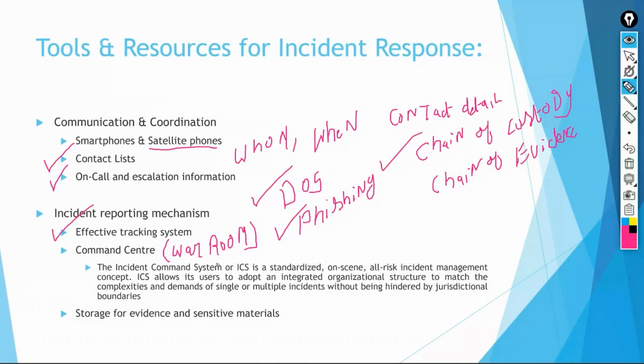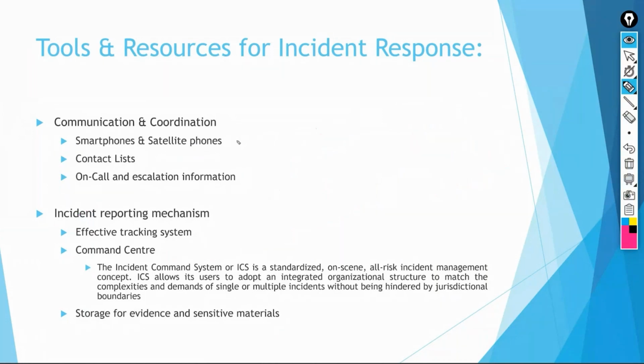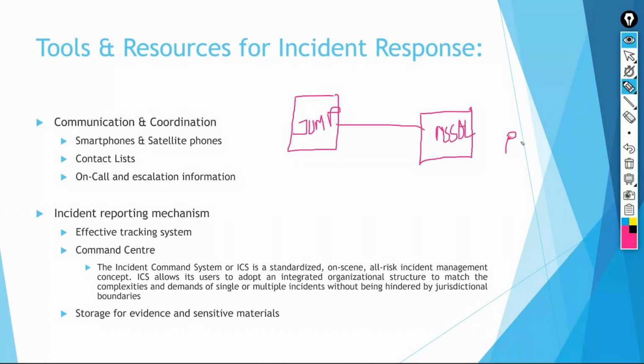Now, when I am talking about the chain of evidence, one live example is, let's say in this case, I have a jump server. From this jump server, there is a database which was being accessed, and the PII records of the database were stolen using the credentials.